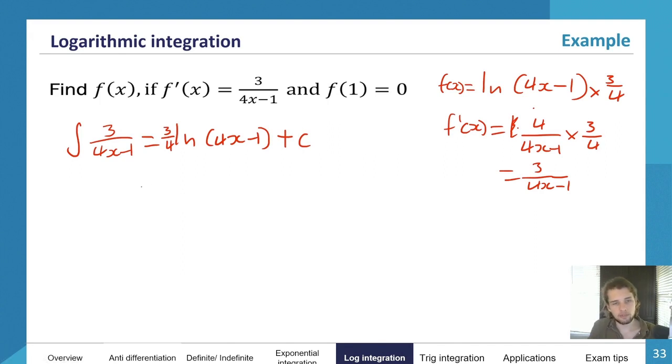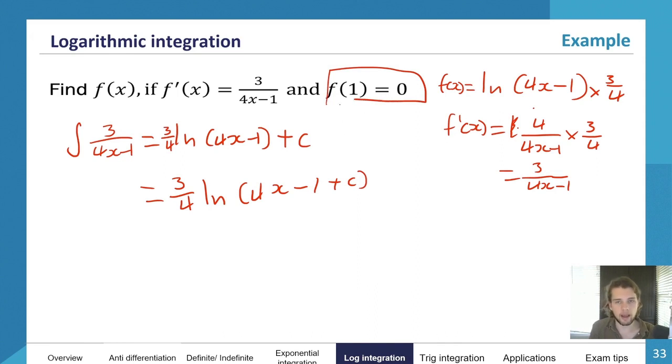Now, we've basically found what it's equal to, but we just don't know what this plus c is equal to, unless we choose to substitute in values, because we can substitute a value in. When we substitute 1 in for all values of x, then we know that the result is 0.